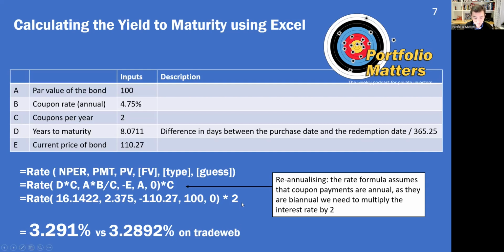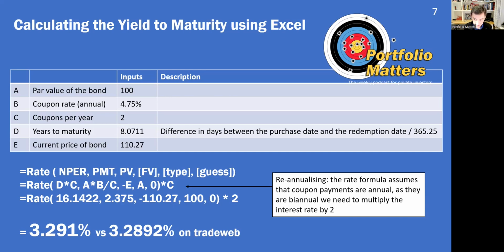and this is really important, the formula assumes that the coupon payments are annual. And because the coupon payments are actually biannual, you need to multiply the results by 2 to reannualize it and give you the annual interest rate.